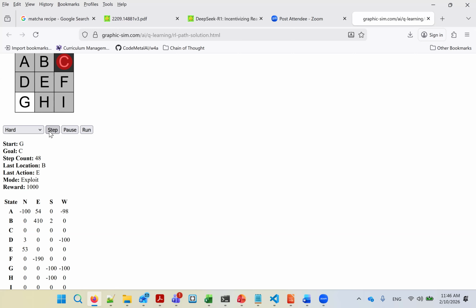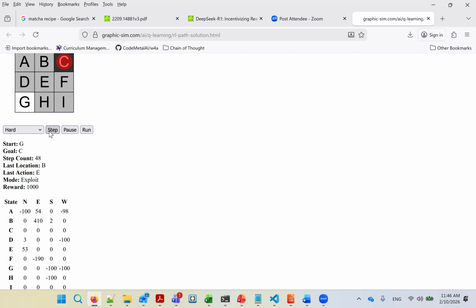What you will see sometimes is the solution may be here, but the first time you see it, you went here and then here and then here and then here. If there was a better solution, yeah, through H, I, F, across the bottom and up.